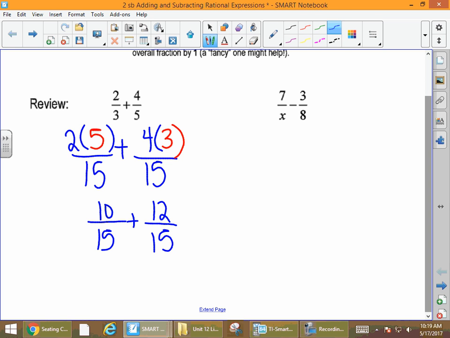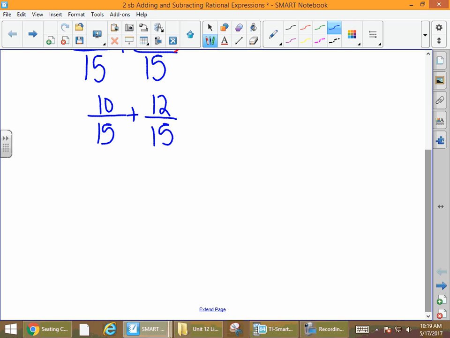And when we add fractions, now that we have a common denominator, we only add the numerator, the top of the fraction. And 10 plus 12 is 22 15ths. You do not need to convert it back to 1 and 7/15. You can, but you don't have to.